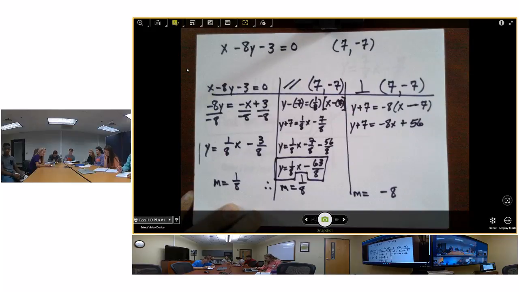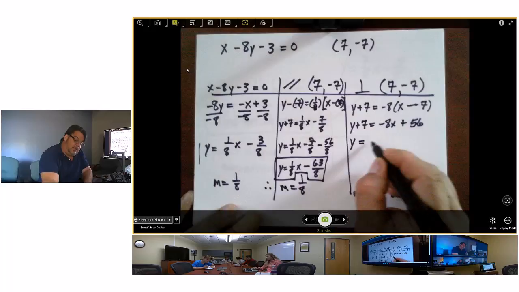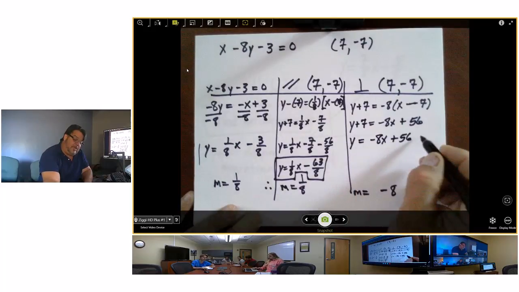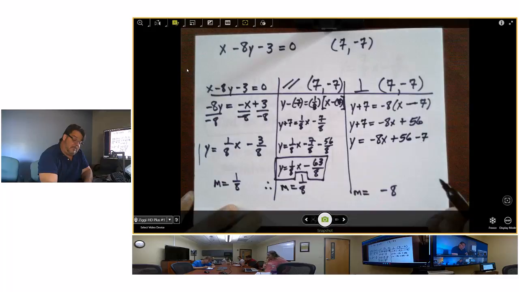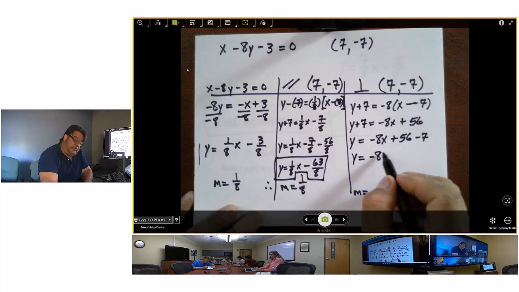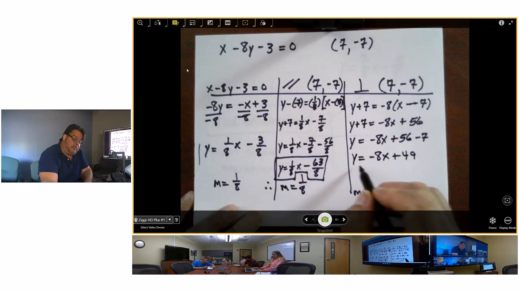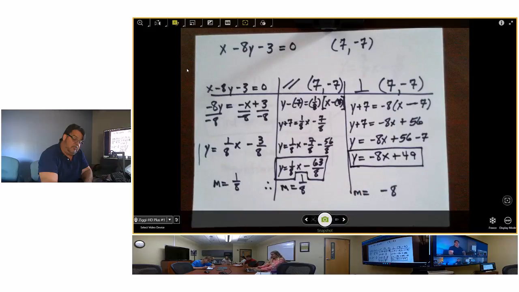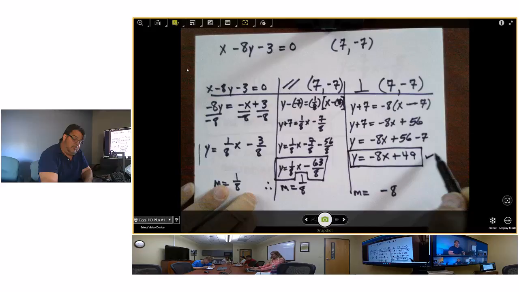So y is equal to negative 8x plus 56 minus 7. What is that, 49? Thank you. Y is equal to negative 8x plus 49. Now that's the answer to the question. I think they wanted perpendicular.